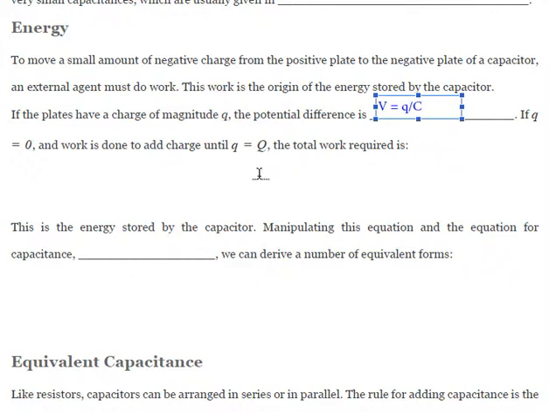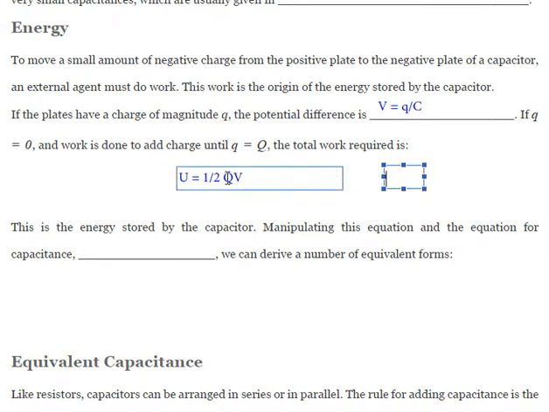If Q is 0, and the work done to add charge until we build up some bigger charge, capital Q, then the total work required to do that, U, is 1/2 times QV, or Q delta V, you might also see it written. So the total amount of energy, or work to separate those charges and build up all that energy, is 1/2 QV.